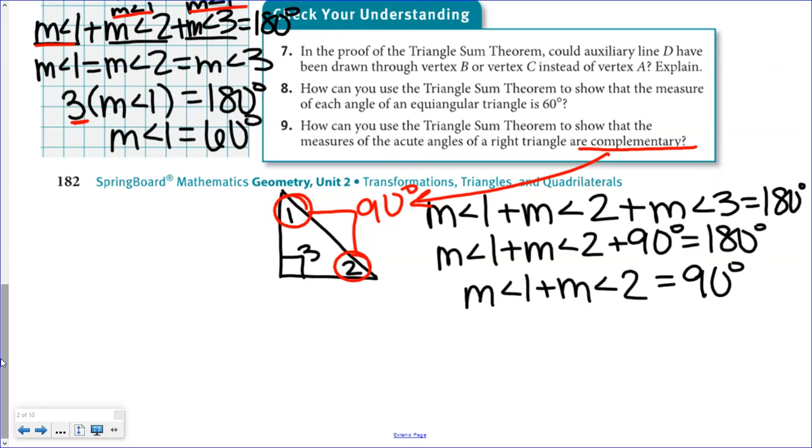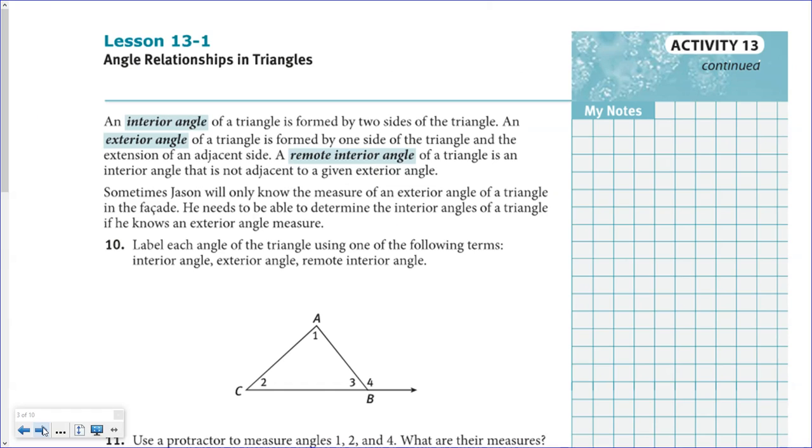So now let's look at interior and exterior angles. So first off, interior, inside, exterior, outside. Same with the interior versus the exterior of a building. So an interior angle is going to be formed by two sides of the triangle.